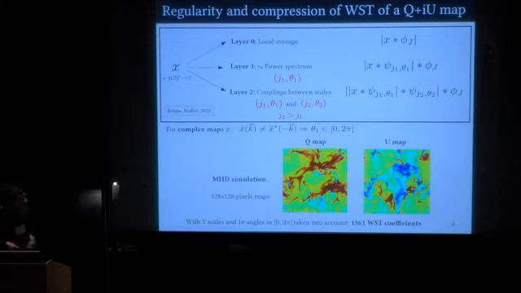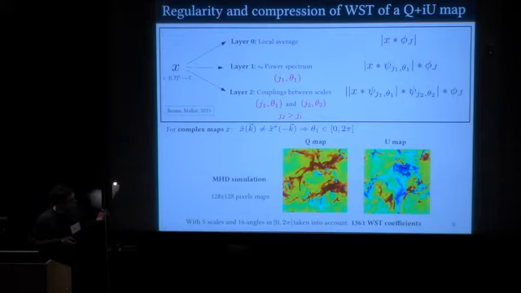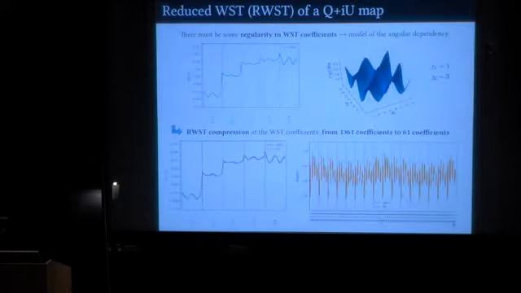For this example of Q and U maps from an MHD simulation, which are maps of 128 times 128 pixels, we have, for regular parameters of the WST, more than 1,000 WST coefficients. But as we're dealing with specific physical fields, there must be some regularity in these coefficients.